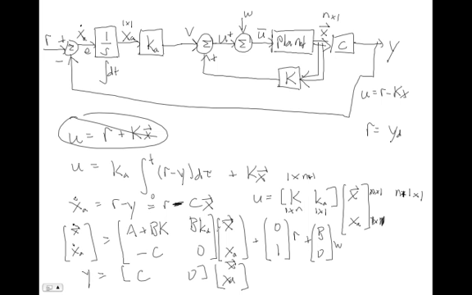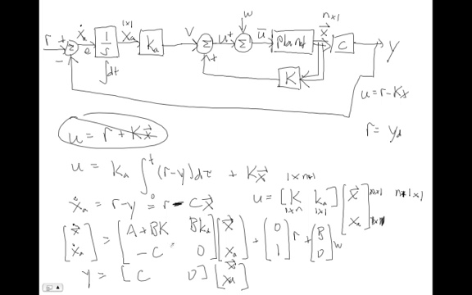Okay, so the one thing we know from before is that if the pair AB is controllable, then we can use this K matrix to set those system eigenvalues to be whatever we want. There's a proof in the text that I'm not going to go through that basically says if the original pair AB from our original system is controllable, then this new augmented K matrix, that is one gain more, can be used to set the eigenvalues of this new A matrix to any value that we want.